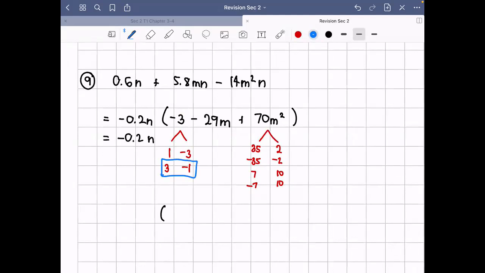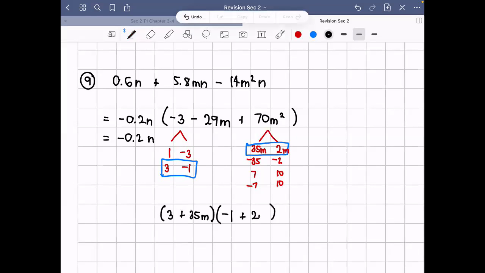I'll use 3 and then negative 1. And for my other pair, let's use the first pair. By the way, this is 35m. I forgot to write m. So that is plus 35m and then plus 2m.